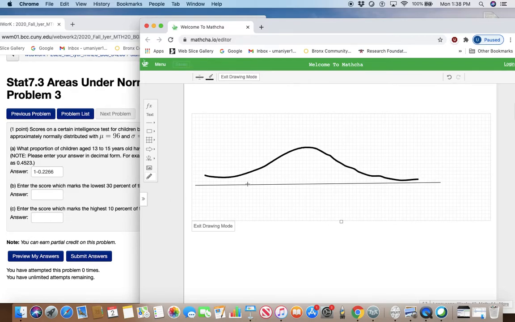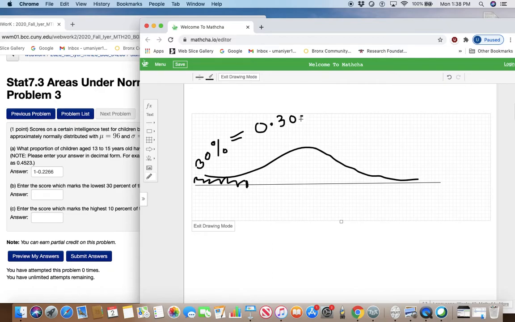Lowest 30%. So somewhere here is a certain score to the left of which is 30%. So 30% means 30 over 100, which is 0.30.